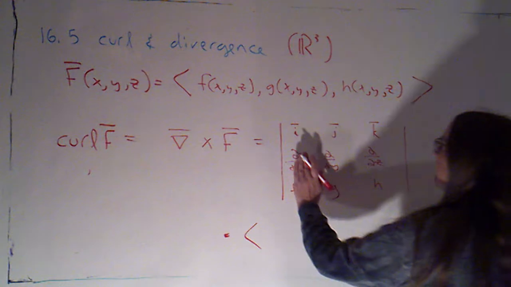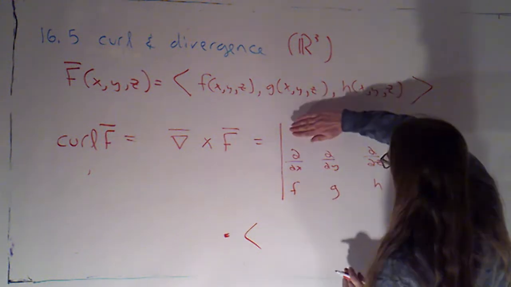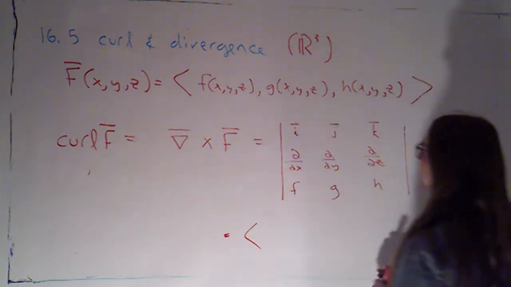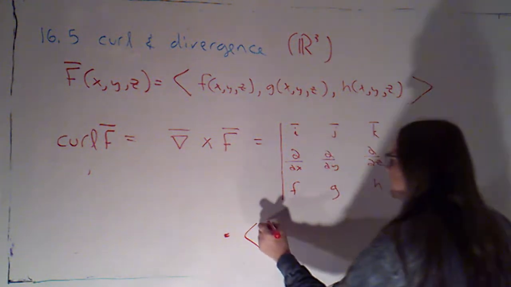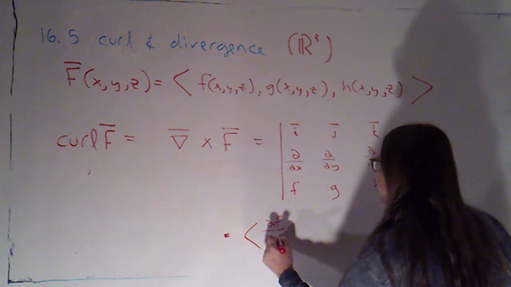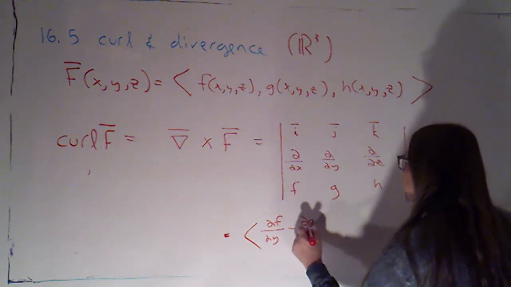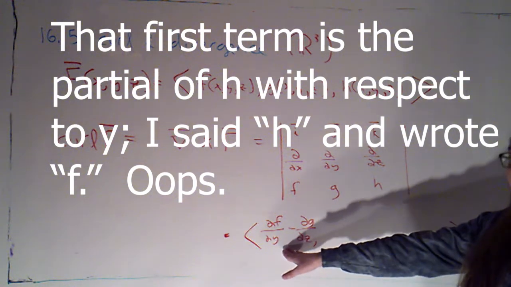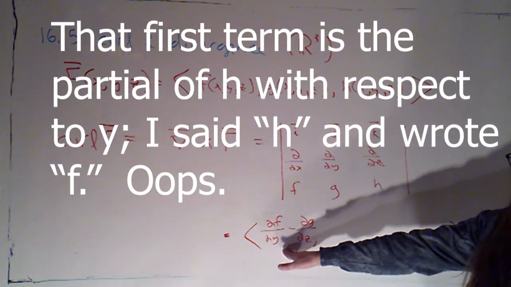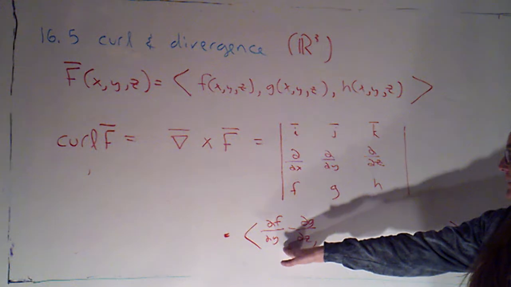So when I'm looking for how many i's I would get, I cross off this row and this column, and I'm going to get this diagonal minus that diagonal. I'm getting the partial of h with respect to y minus the partial of g with respect to z. That's the number of i's I would have, so that's the first component of this curl vector.